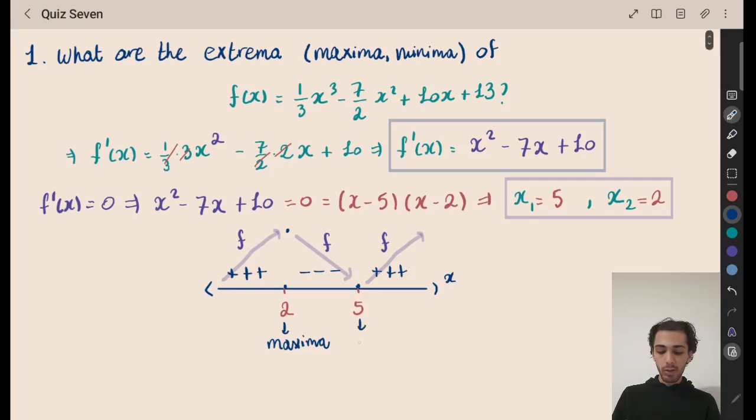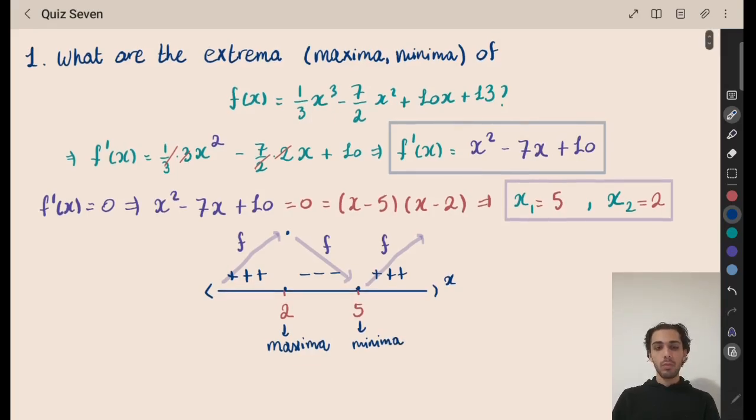With the same logic, this is probably a minima. At least intuitively, if we just look at the graph, it's decreasing and then it starts increasing. So at this point of change, it's reached the lowest point it can reach, and then it starts to change upwards.